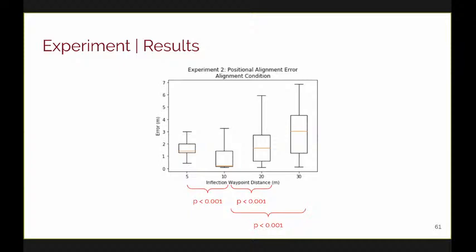So this leads us to believe that as you get farther away from this 10-meter inflection waypoint distance, alignment actually gets worse. This shows that there may be some ideal virtual distance at which to transition from avoidance redirection to alignment redirection.